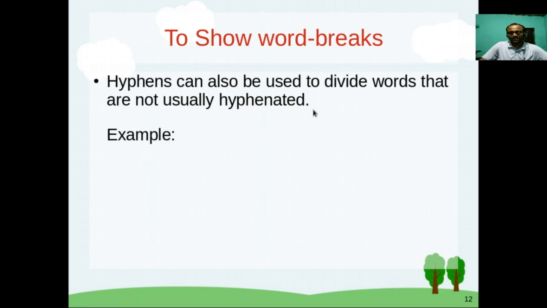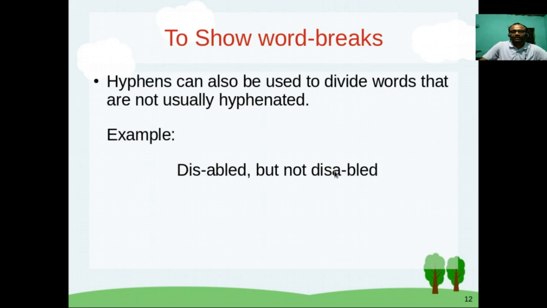An example may be disabled. You can write disabled as one word without any hyphen, and at the same time you can write dis-abled, but you cannot break it like dis-abled in the wrong place, because this is not where the word is actually broken.